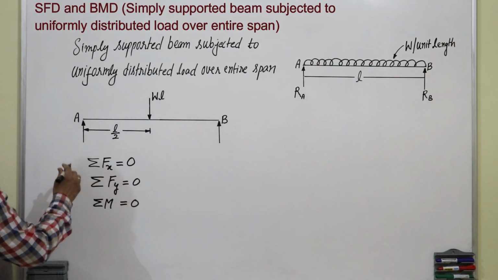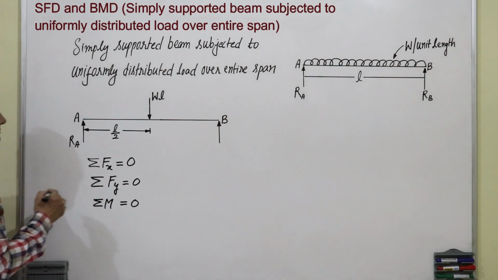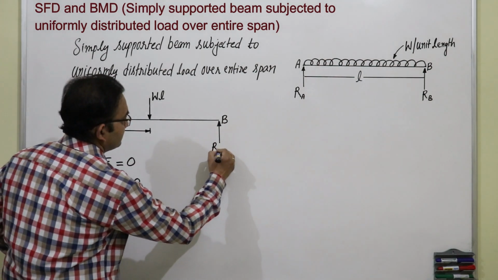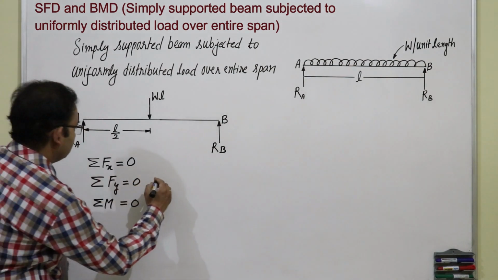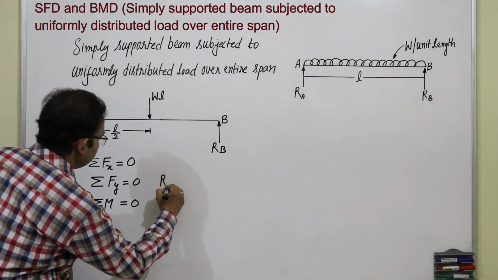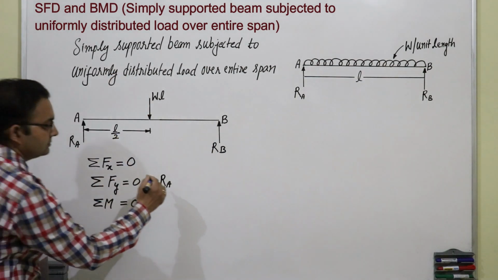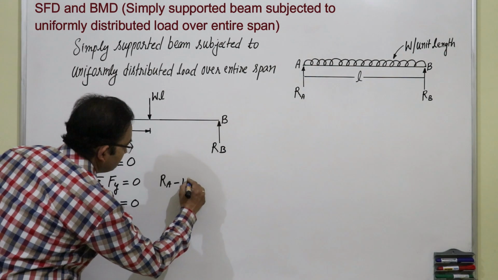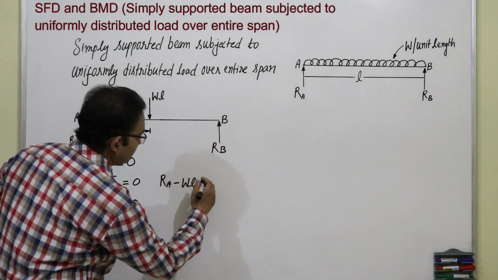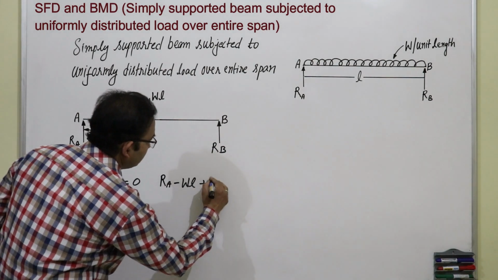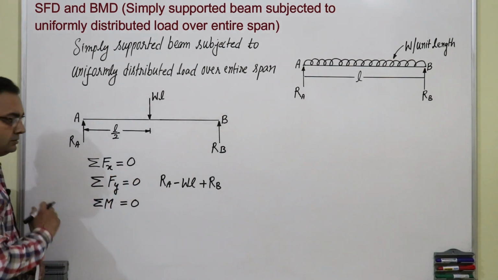For vertical force, there is vertical force here RA and RB. RA is upward, so RA is positive. WL is downward, minus WL. RB is upward, positive RB, and the sum should be equal to 0.